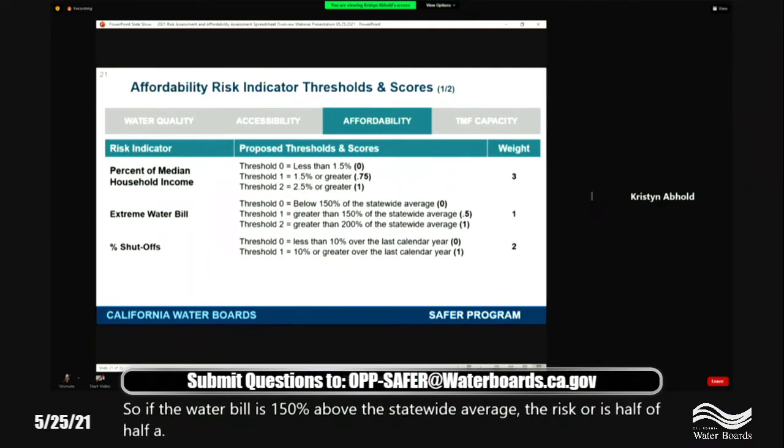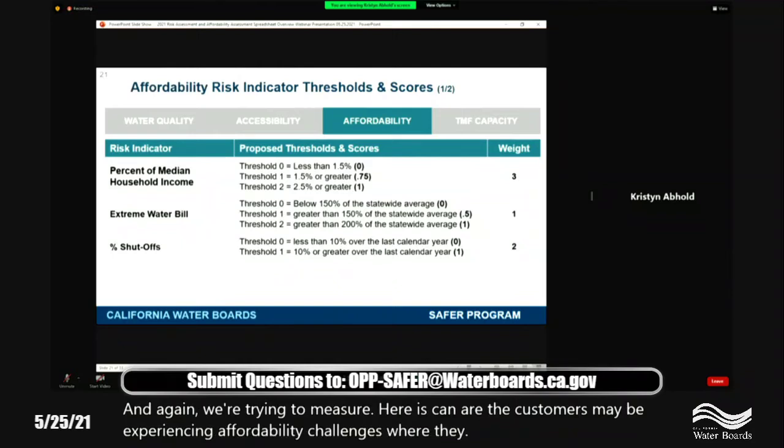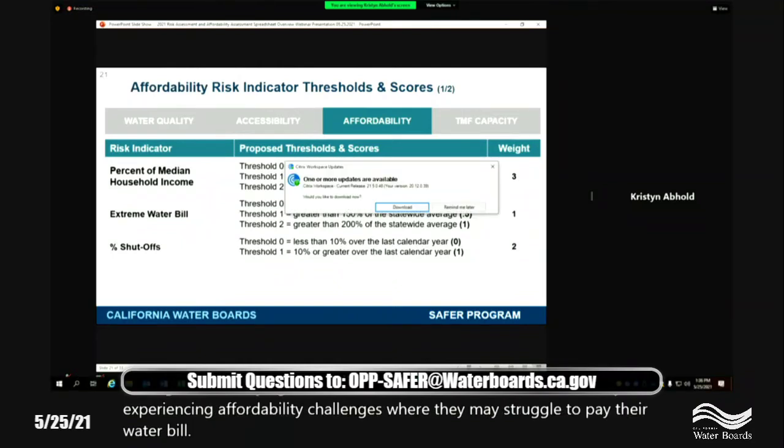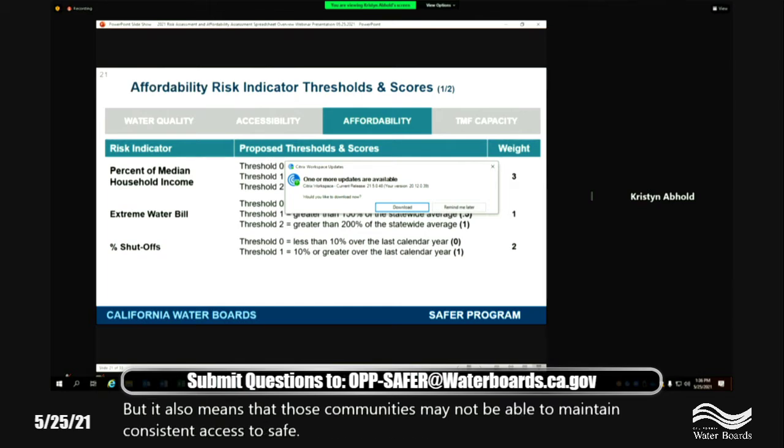If it's greater than 200% of the statewide average, it's 1 point. And again, what we're trying to measure here is are the customers maybe experiencing affordability challenges where they may struggle to pay their water bill, which would mean that water system potentially is having financial capacity issues, but it also means that those communities may not be able to maintain consistent access to safe drinking water because they can't afford it.